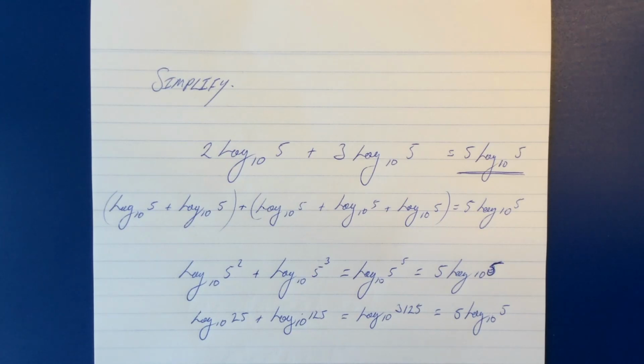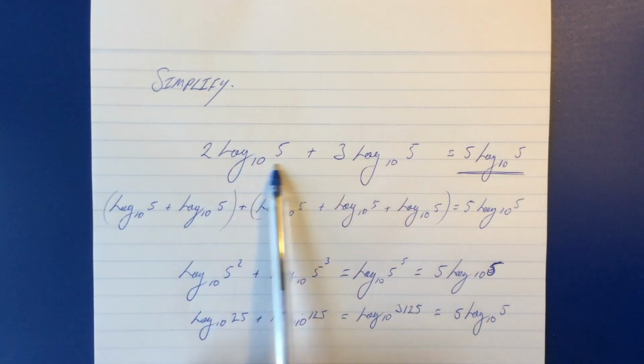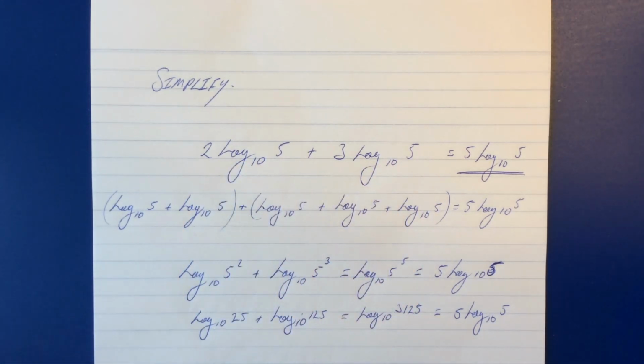in order to come to some degree of resolution with how you deal with this. Because I think that someone could be forgiven for looking at this and going, oh, well, what I have to do is I just have to multiply through. And so instead of getting this, you might wind up with 5 log 10 of 25, or you might be tempted to multiply these, and that's not the way to do it.